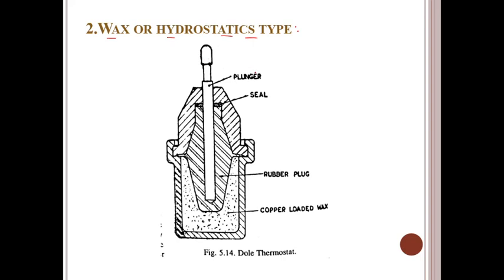If you observe here, there is a plunger, a seal, a rubber plug, and copper loaded wax. These are the components of a wax or hydrostatic type. The wax type thermostat is commonly used in most automobiles as it is the most reliable one.